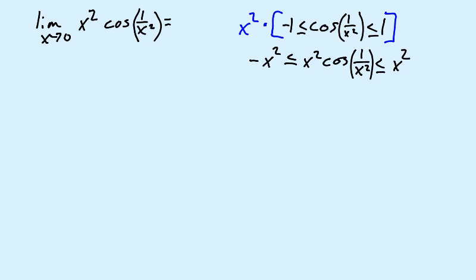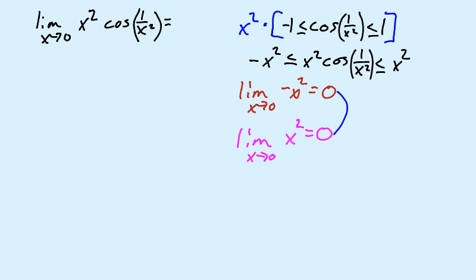So we find the limits of -x squared and positive x squared first. We're doing this so we can check if they match. Since they match, and x squared times cosine of 1 over x squared is sandwiched between them, we know that x squared times cosine of 1 over x squared must have the same limit.